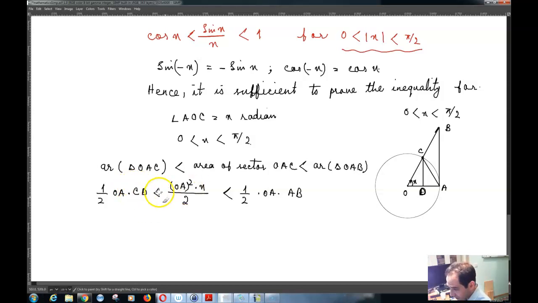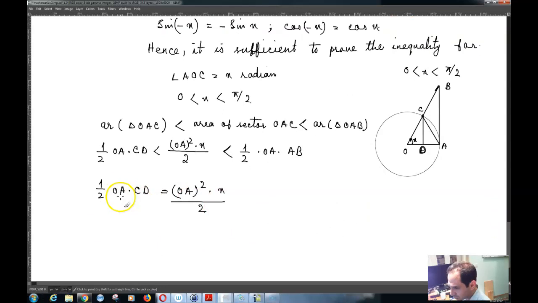For example, if you had an equation, 1/2 of OA times CD equal to OA squared times x divided by 2, then if you multiplied both sides of this equation by 2, these two would cancel out, and you would get OA times CD.